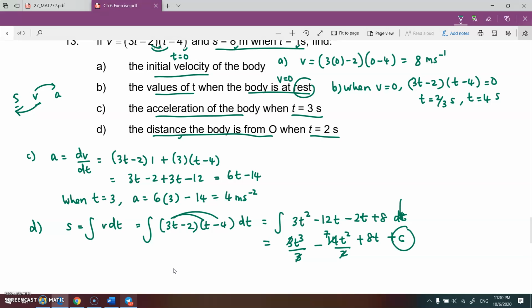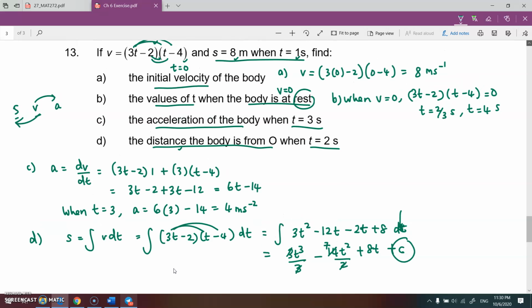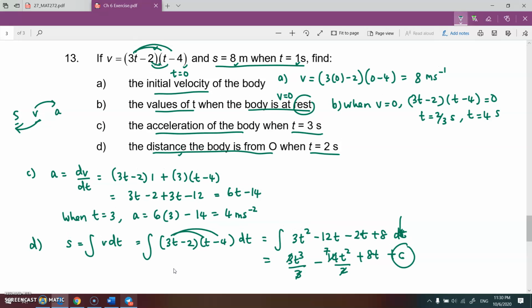What is the given information? We go back to the question. The question gives us the value for c, so this must come from the question. So s is equal to 8 when t is equal to 1. So we just substitute.